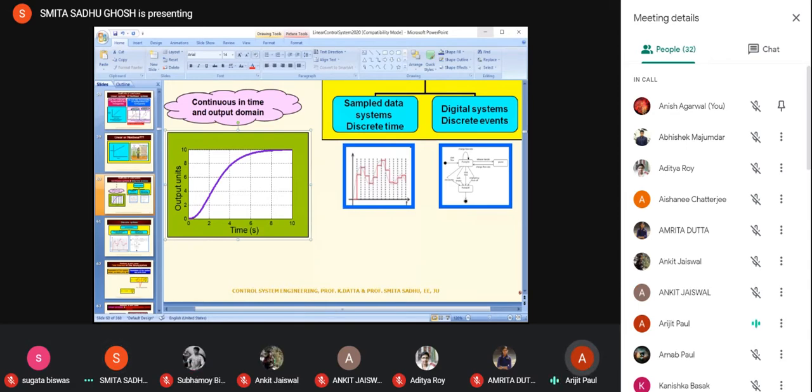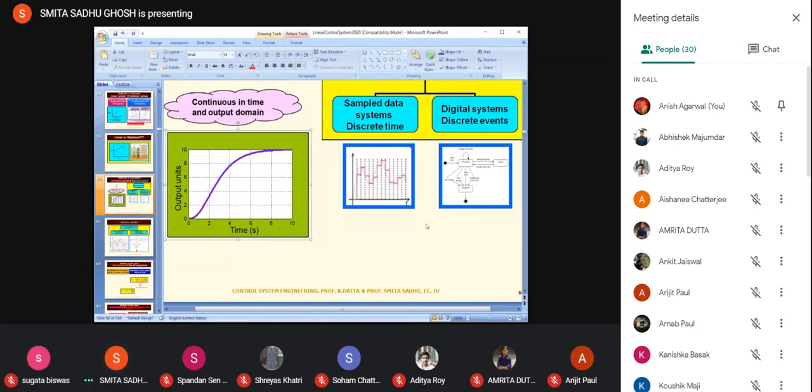Sample data system is discrete in time, but it may be continuous in output. Yes. Output will be in general continuous, okay. What is of interest over there in sample data systems is that the output will not be obtainable in between.